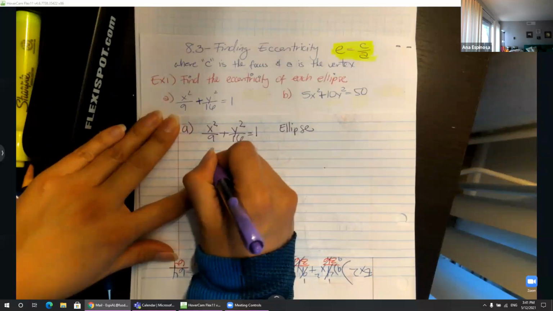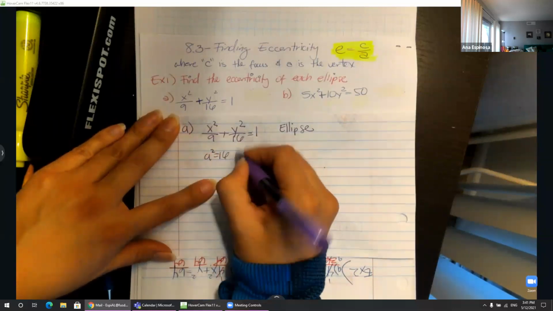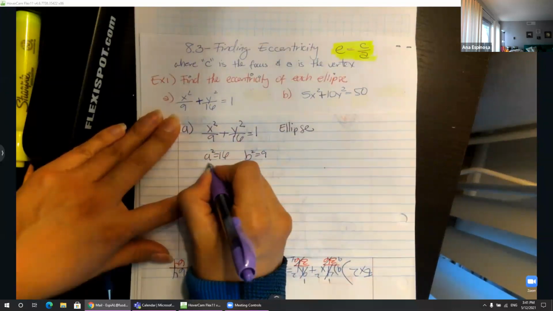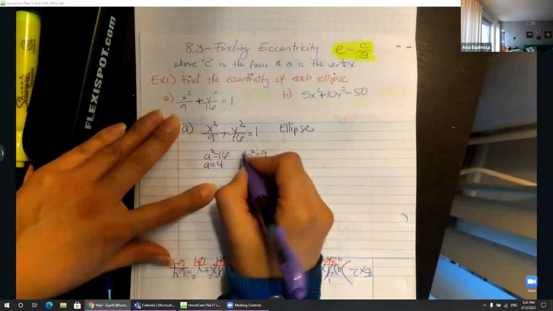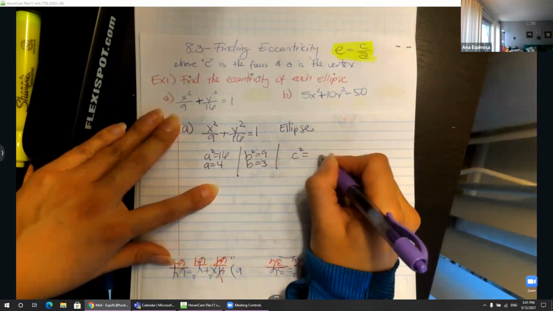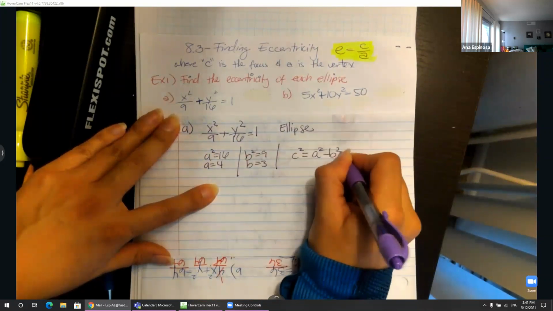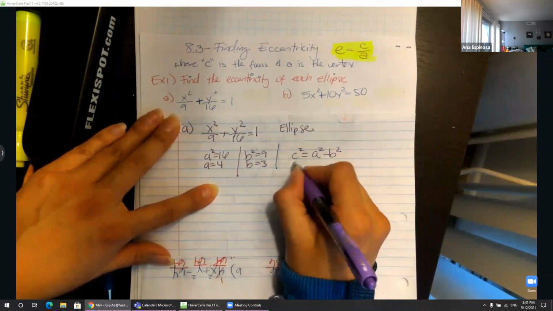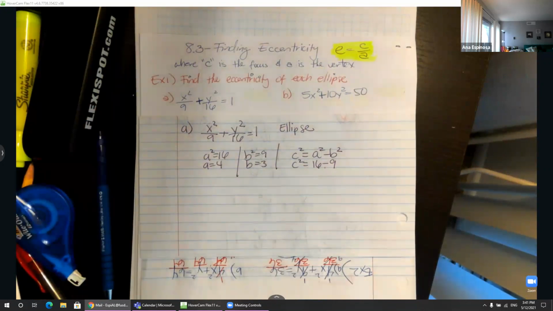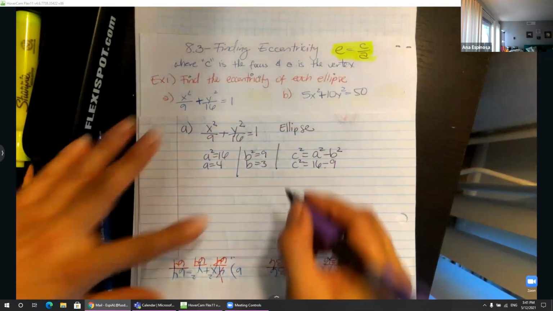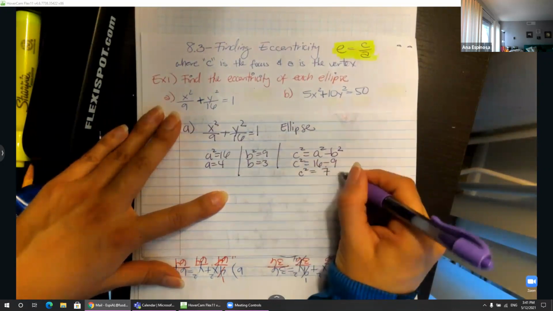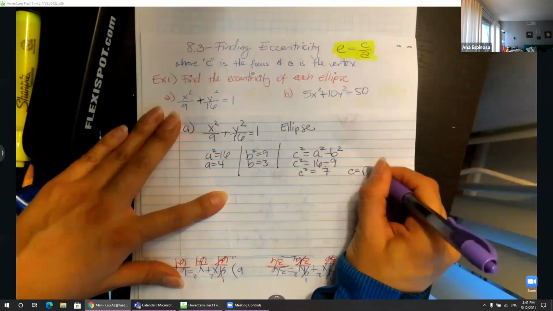That means that a squared is the largest. Okay, so a is 4. Here you don't need to do the plus minus because you're not graphing, but you do need to find the c. And remember, you have to know there are two different formulas, one for the ellipse, one for the hyperbola. So you have 16 minus 9 in this case, okay? So c squared equals 7. So c equals square root of 7.